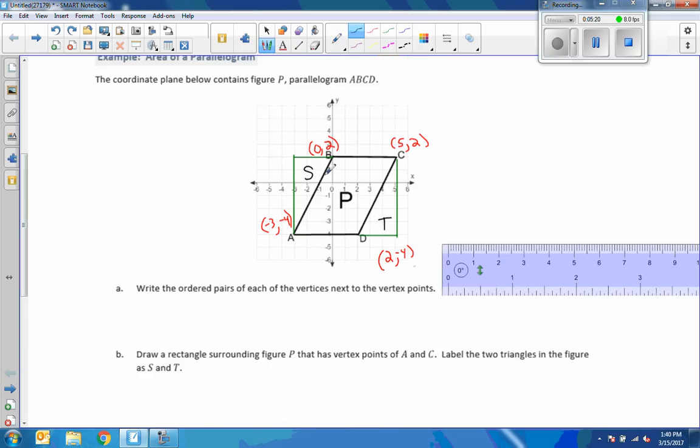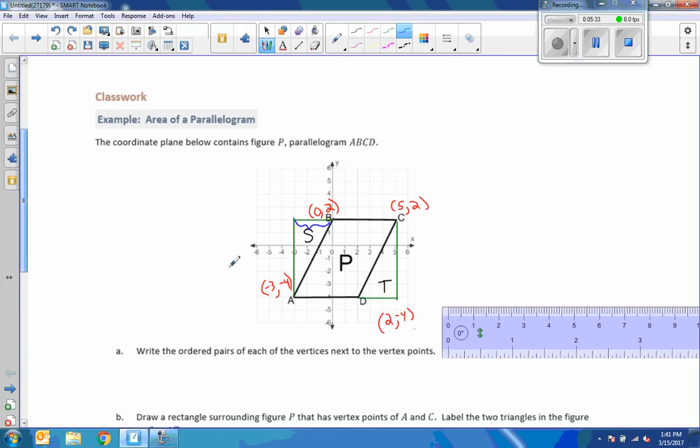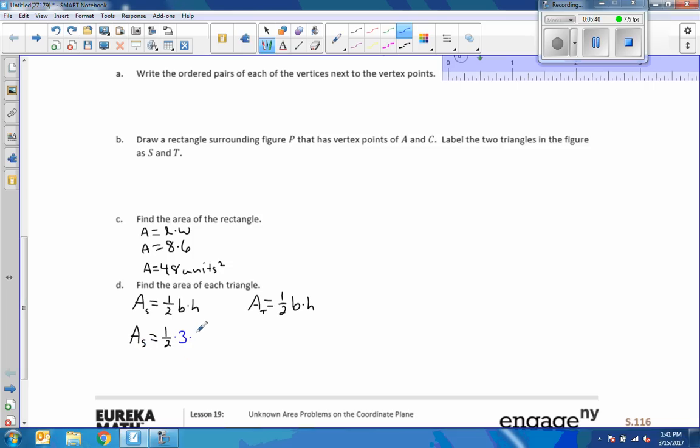Now my base is this piece right here, and that's a distance of 1, 2, 3. So my base is 3, and my height is the distance from A all the way up to here, which was 4 plus 2 for 6. So my area of S is 6 times 3 is 18 times 1/2. In other words, half of 18, 9 units squared.